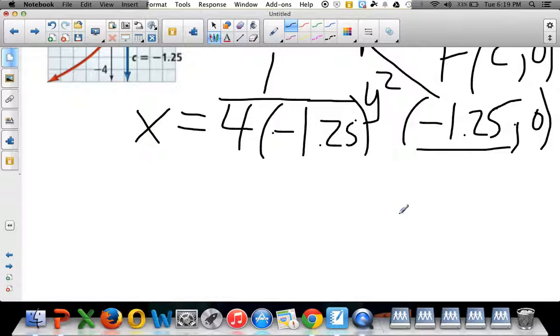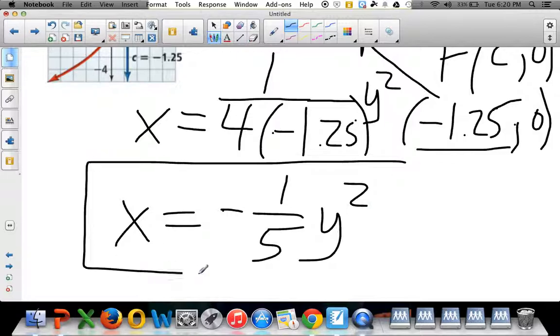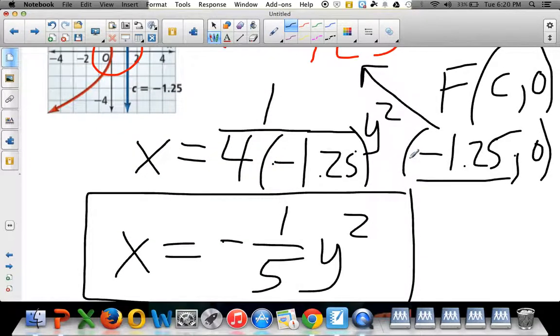Simplifying, I will have x equals negative 1 over 5 times y squared. That is the equation of this parabola in this picture up here.